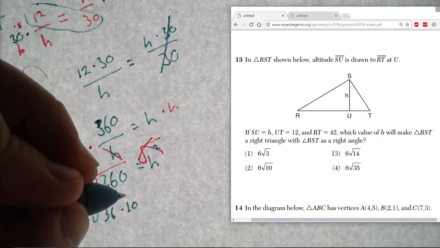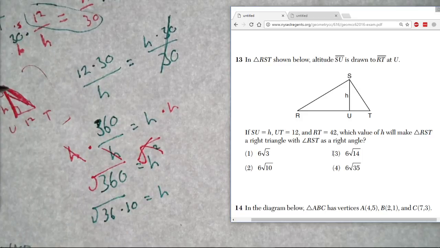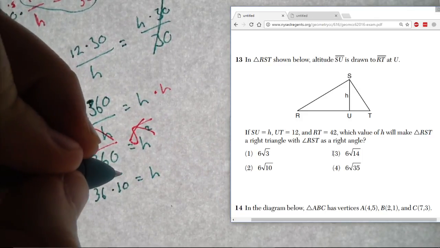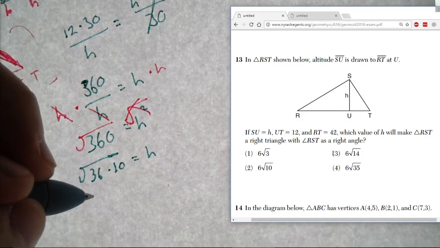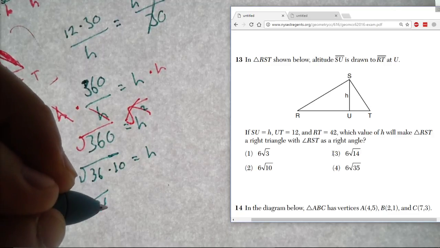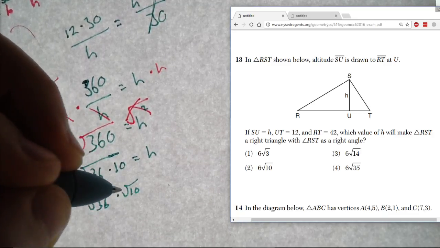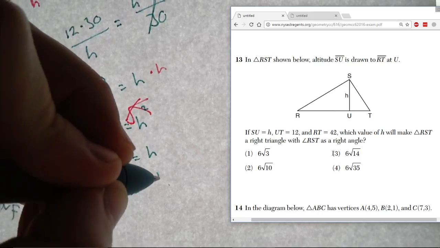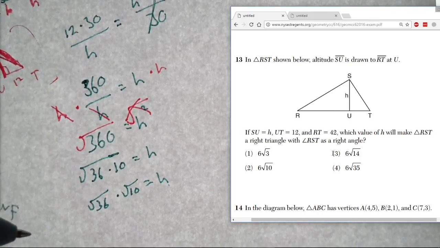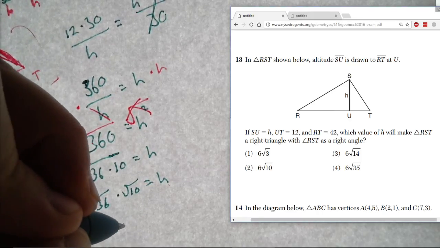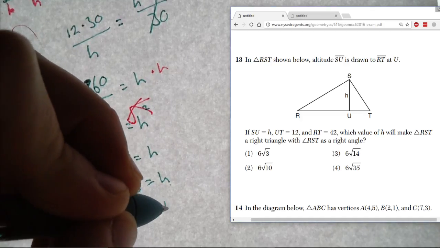That'll just stay underneath the root, and I can bring down this lonely h. And I know I can split up square roots into root 36 times root 10. And I bring down that h. Root 36 is just 6, times root 10 is h.